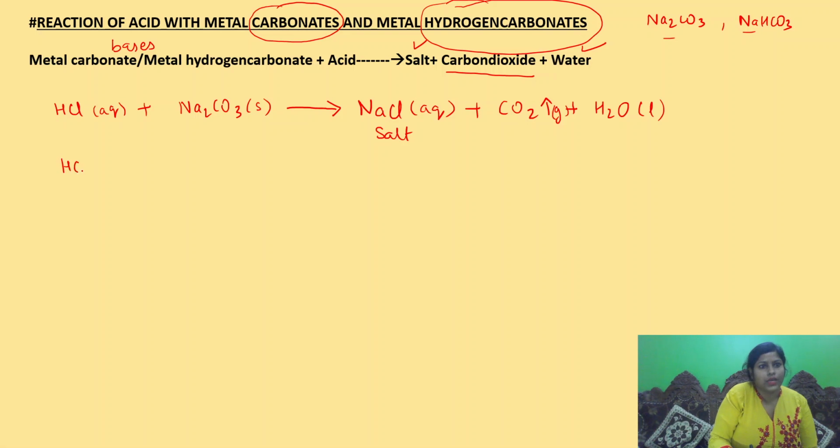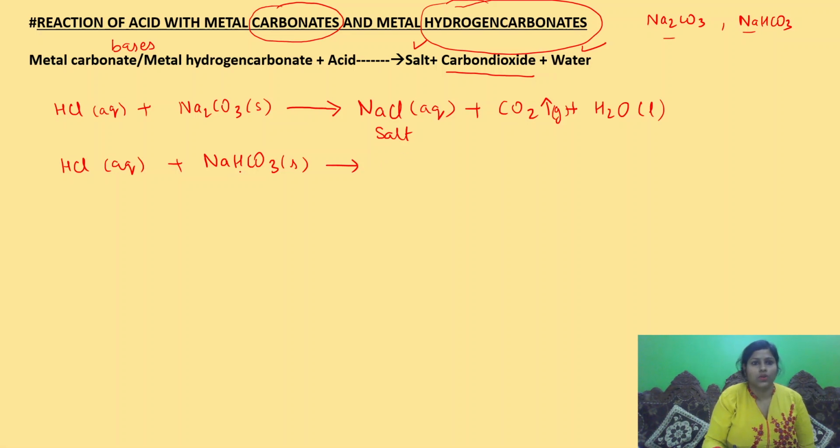Now if we react HCl, this is aqueous, with NaHCO3, this is sodium bicarbonate. Now this is also known as baking soda. It forms NaCl, aqueous. This is salt. Then CO2 gas is released and water, right?